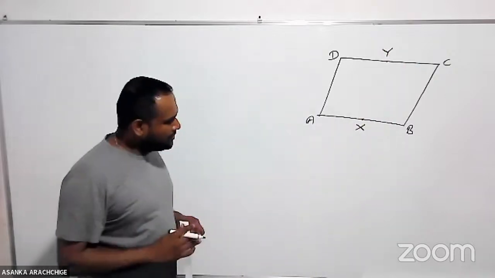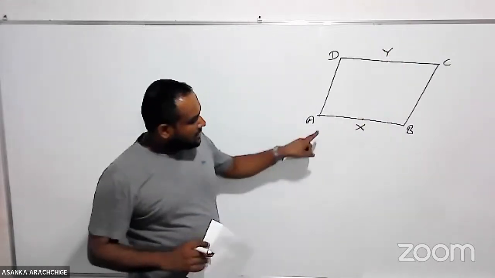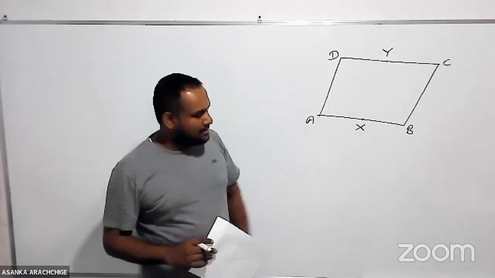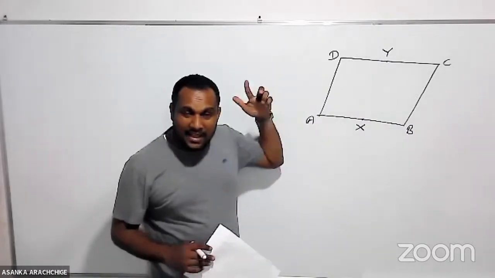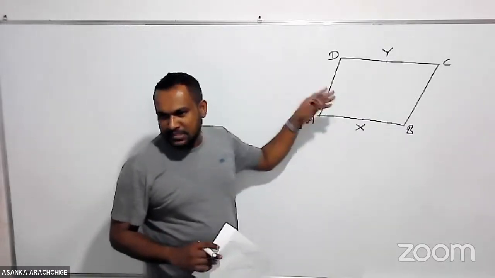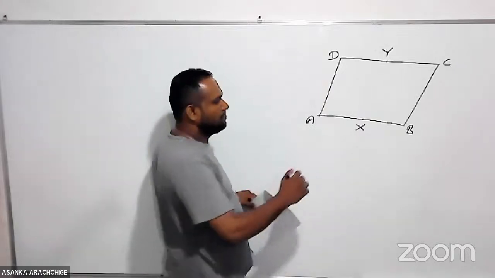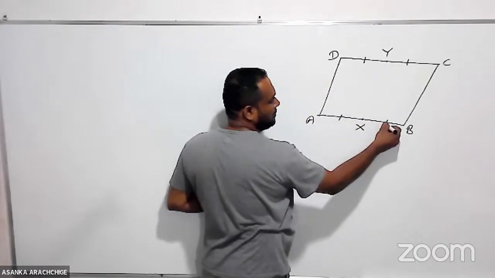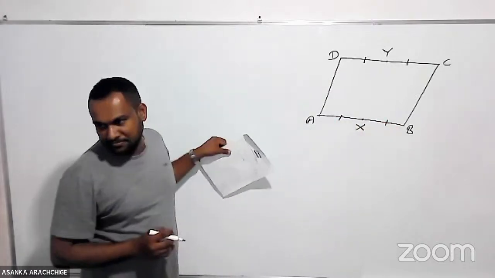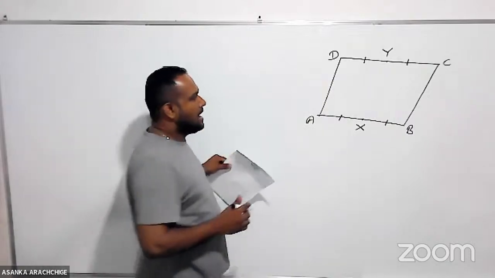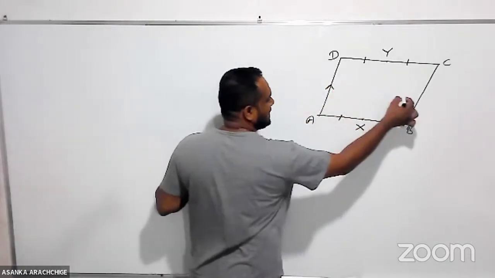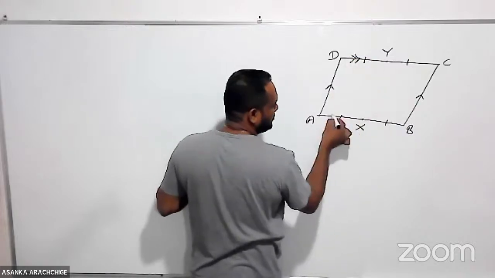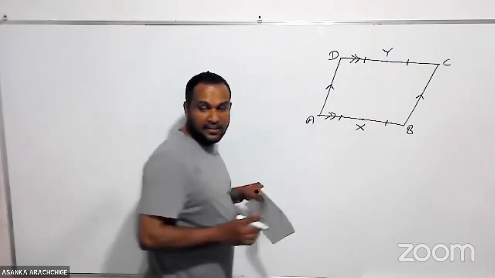Clear? But today, since this is a parallelogram, in every parallelogram, the opposite sides are equal. So, if these are the midpoints, you can put the same sign over here. And this side is parallel to this, and this side is parallel to this. Is that clear?